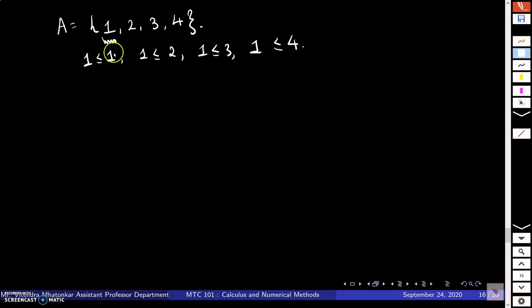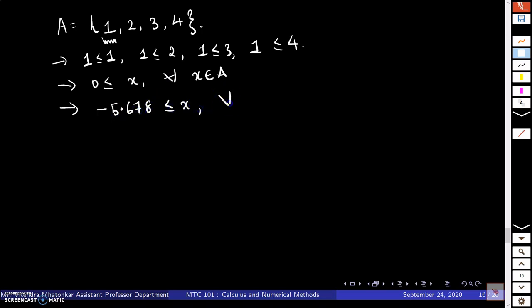Anything which is less than 1 will also work. For example, I can pick up 0. 0 is less than or equal to x for every x in A, right? 0 is less than or equal to all of them. Again, if I pick up some negative number, minus 5.678, say, even this one is less than or equal to x for every x in A.